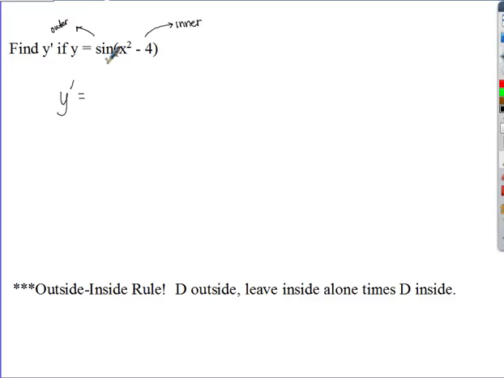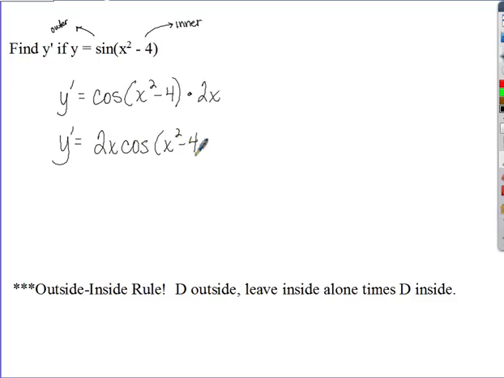So derivative of sine is cosine. Leave the inside alone, times the derivative of the inside. So derivative of x squared minus 4, 2x. Now we make it pretty. 2x cosine of x squared minus 4. That's the derivative of sine of x squared minus 4.